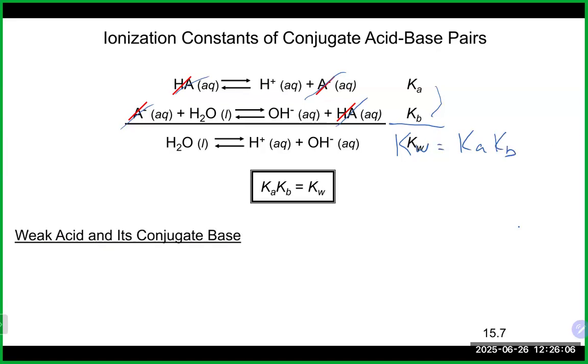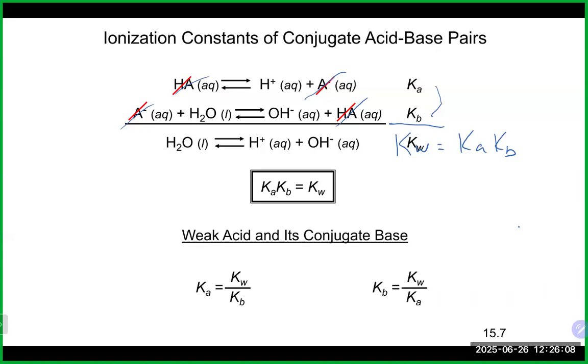So if you need a Ka value and all you have is a Kb value, you can use Kw, which is the same value we used earlier, 1 times 10 to the minus 14, and you can use that to convert it, or vice versa. If you need a Kb value but you have a Ka value, you could use Kw.